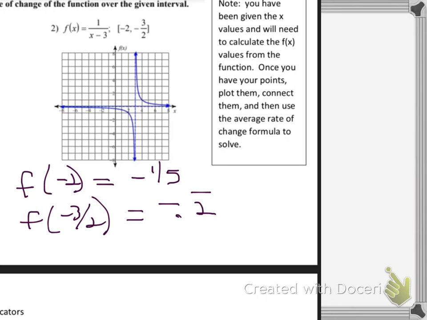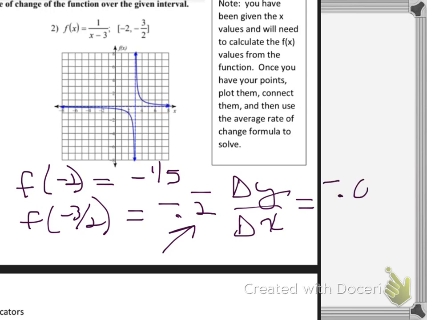When I got the slope, I'm going to round this to the nearest hundredth, so I'm going to make that 0.22. So my change in y over change in x ended up being a negative 0.04, and that also had bar notation. If you can just check that you can get that, that would be awesome. We're going to do 2 more of these problems, I believe, on the next page.